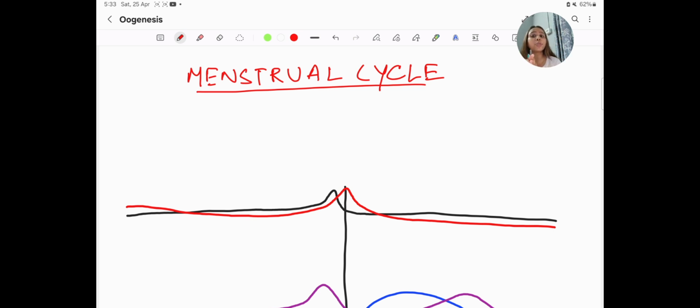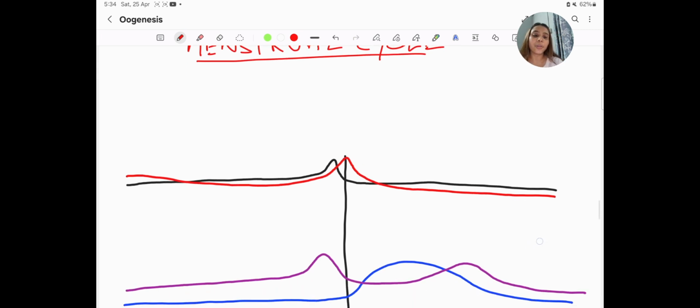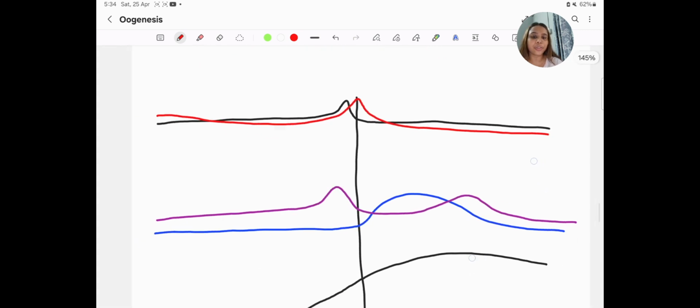And you have so many queries on the menstrual cycle because the diagrams you can see in the books seem to be more complicated to so many types of students. So that's why I thought, why not discuss this menstrual cycle, so that you don't have such fear.